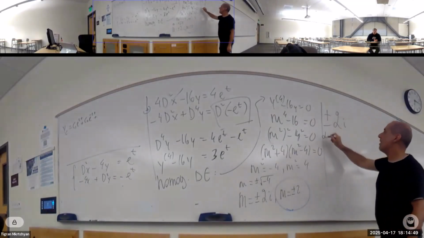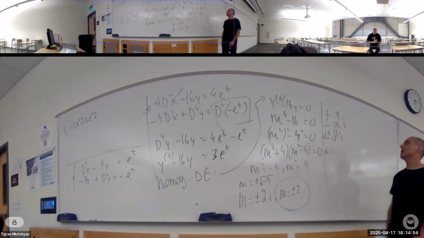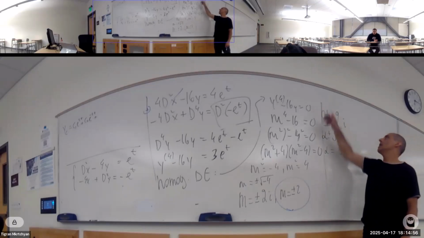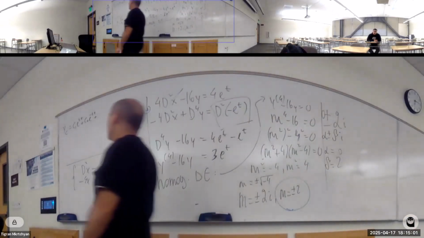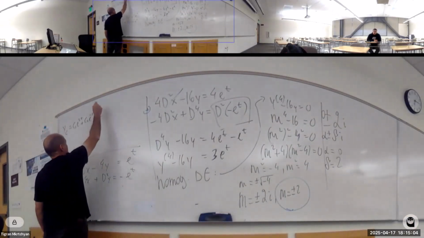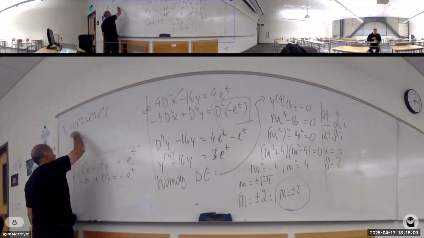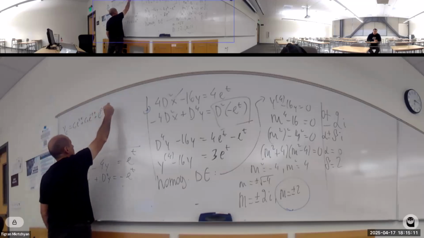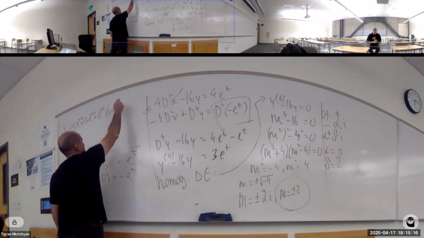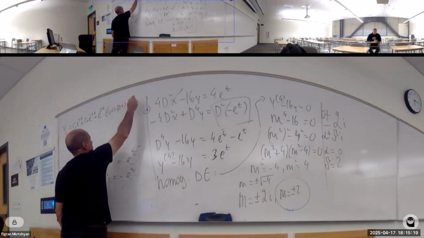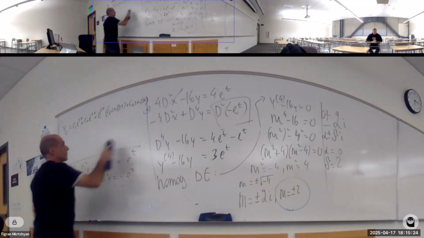And for the other one, we compare this to alpha plus or minus beta i, and now alpha will be 0, and beta will be what? 2. So we apply the formula e to the alpha t, C3, because 1 and 2 are busy, cosine of beta t, plus C4 sine of beta t.